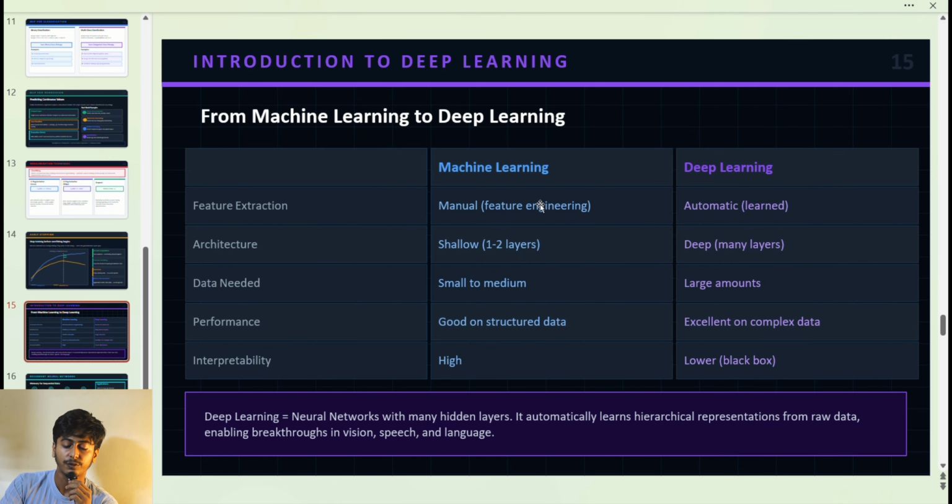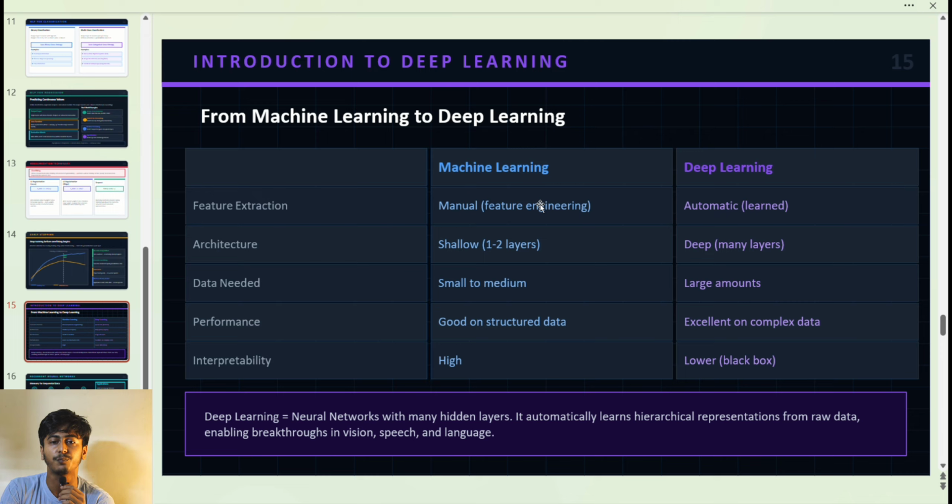So next we will see the introduction to deep learning. Deep learning is essentially an evolution of traditional machine learning. The fundamental shift here is from manual feature engineering to automatic feature extraction. In traditional machine learning, experts had to define which data features were important.